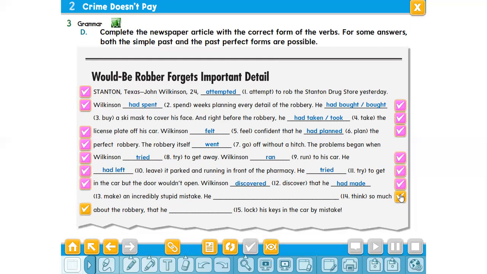We can use here thought or had thought or had been thinking, but I prefer had thought. That he had locked or locked his keys. Okay? Have a nice day and goodbye.